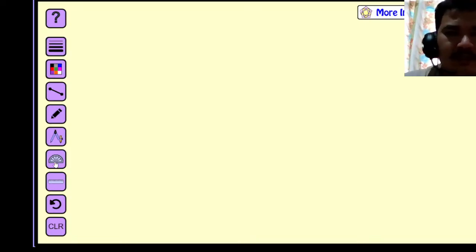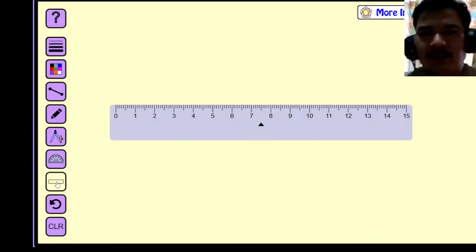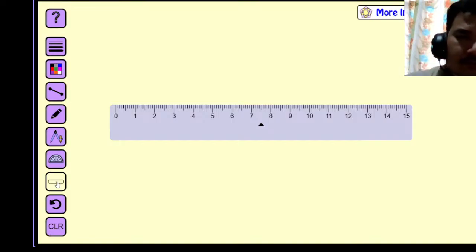Let's start with the construction. How the construction is done for the angles, I'm going to show you. Here is number one. In number one, first I want to show you how to construct.